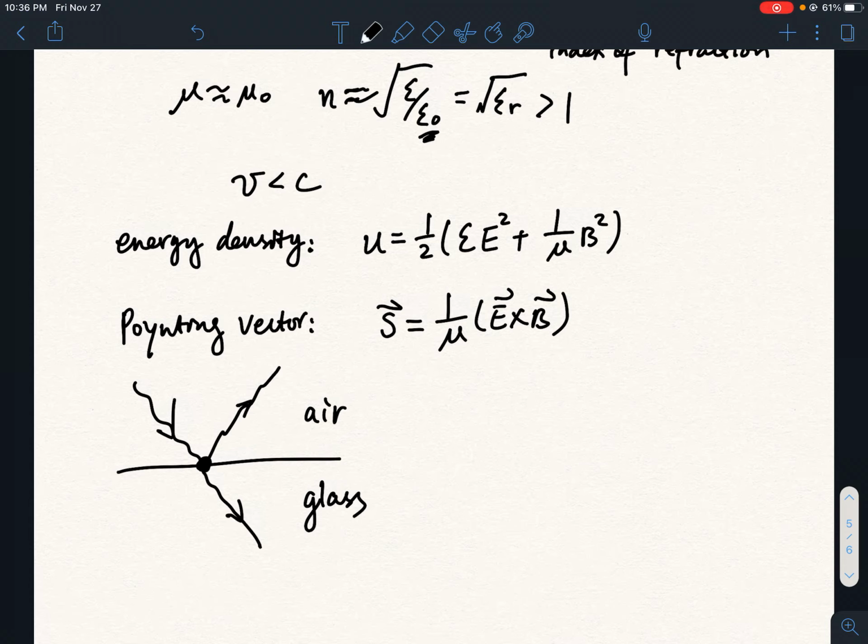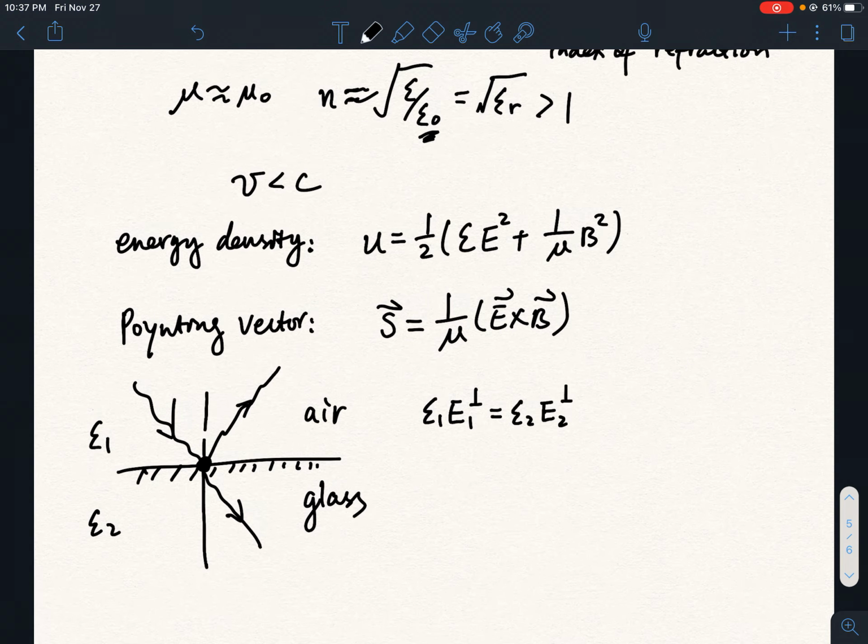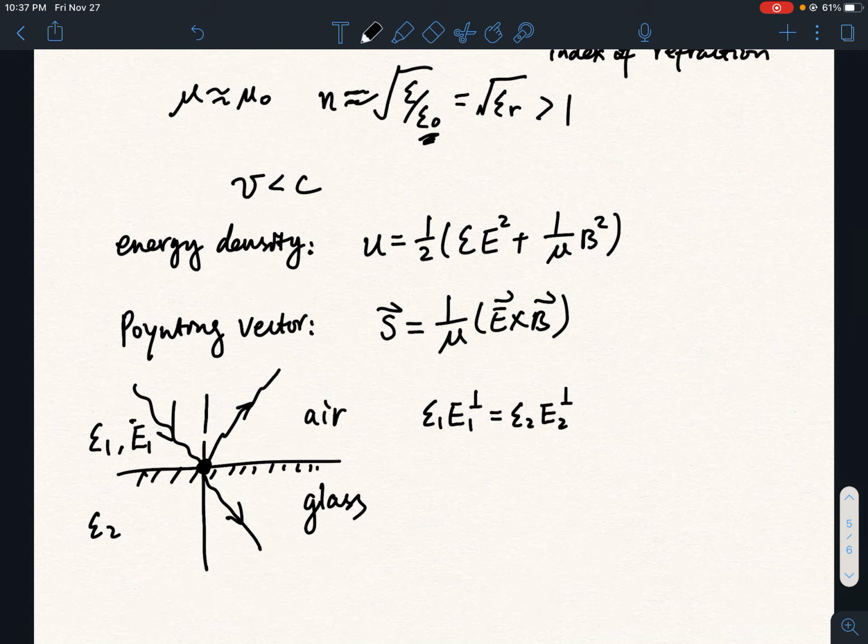The equations say that if we consider the case where there is no free charge and no free current, say this is epsilon 1 and this is epsilon 2, and this is the surface, then we have E1 in this material and E2 in this material.